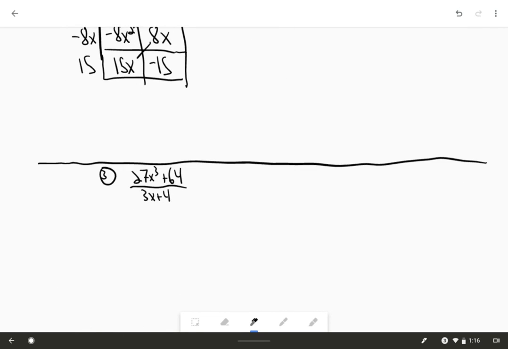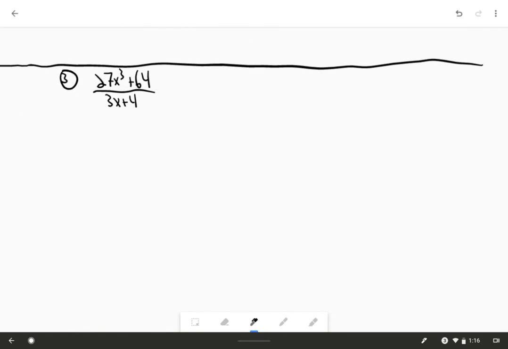All right. Let's do the third one. What do we notice, what's different about this one? Notice my numerator is 27x cubed plus 64. Not only is it a binomial, it has two terms, 27x cubed plus 64, but also notice that I skipped some exponents.